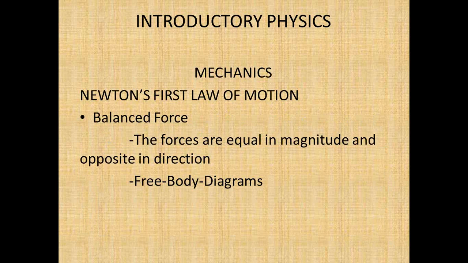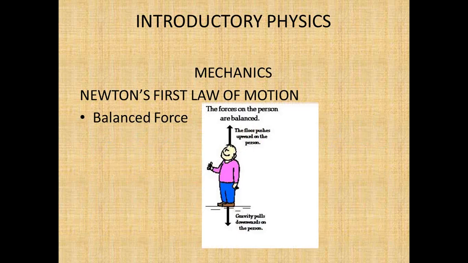So when we describe a motion, we can use free body diagrams to fully describe these motions, and I'll explain further. Again, balanced force. If you are standing on a surface, say you're standing on the floor in your living room, your weight, which is the force due to gravity pulling you downwards, is equal to your mass times the acceleration due to gravity, okay?